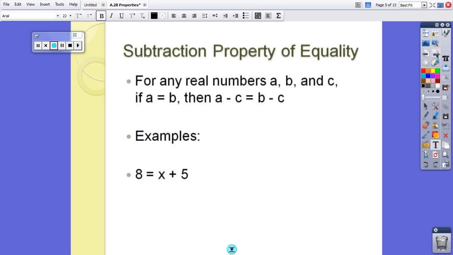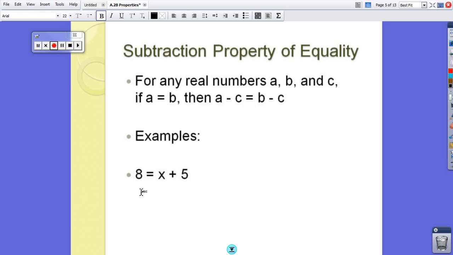The next property will be the subtraction property of equality. Similar to the addition, but now we're just subtracting. Down here, we have another one-step equation. To solve for this variable x, we need to subtract 5 from both sides. So we take 8 and subtract 5, and on the other side of the equal sign, we take x plus 5 and then subtract 5.